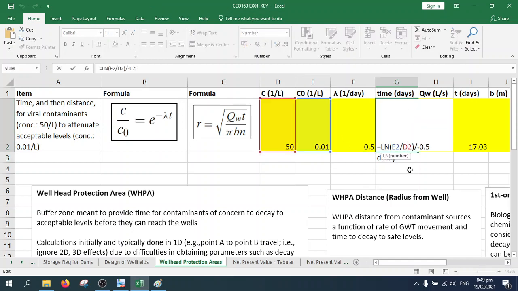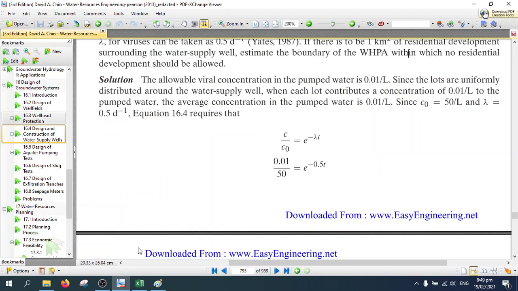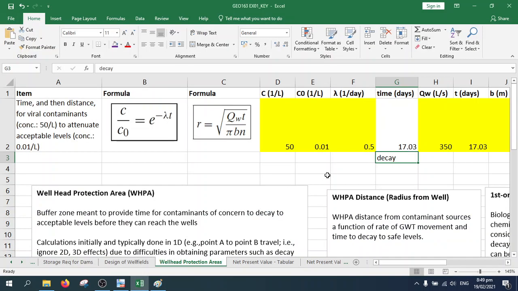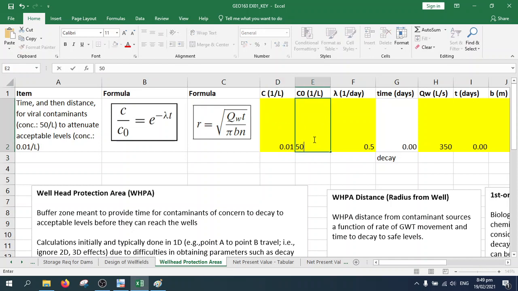Wait a minute, sorry, let me double check something. I mixed up something. C is 0.01, and C naught is 50.